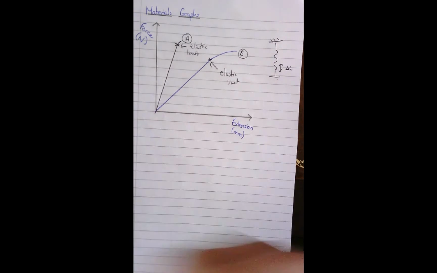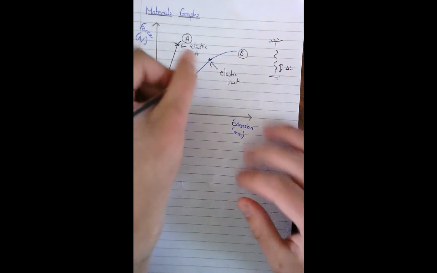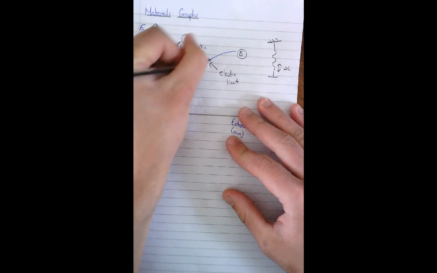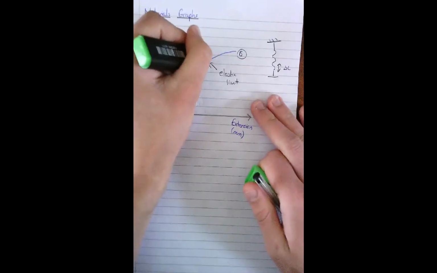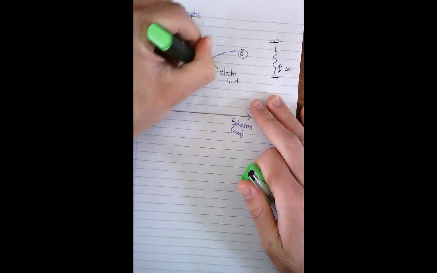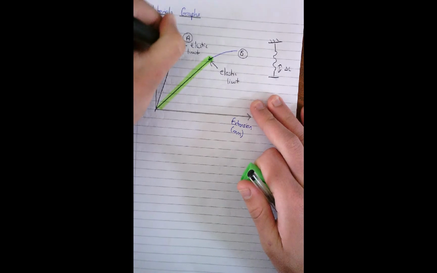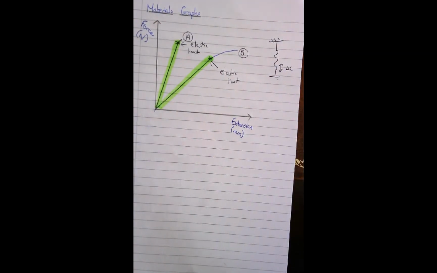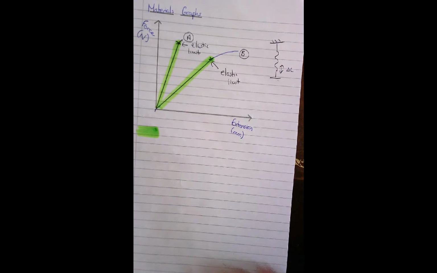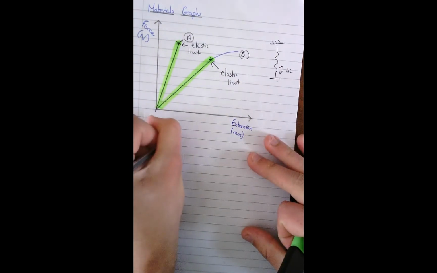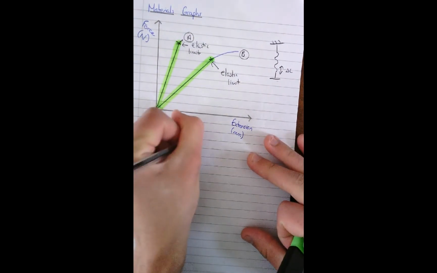And we can actually give a name to the whole region of the graph up to that point. If I just highlight it, you can do this in whatever way you want. If I highlight that part of the graph and that part of the graph there, what we've got is a period of elastic deformation.